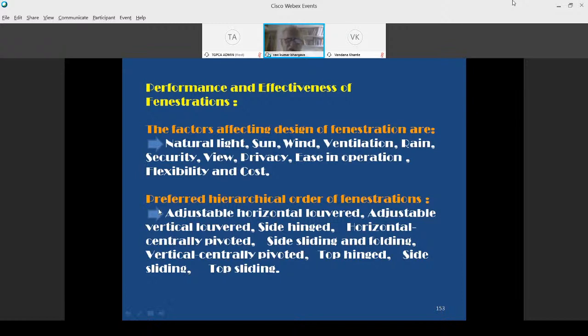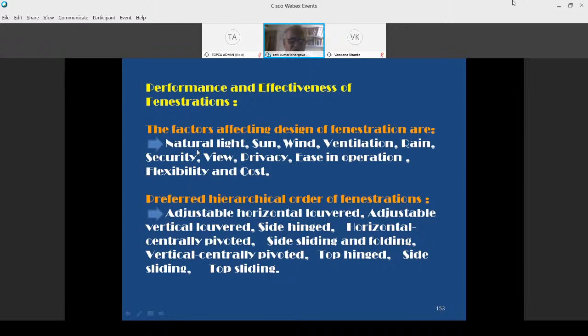Then, friends, the preferred hierarchical order of fenestration. This is what I suggest, after my analysis, based on these functions. Let us make a matrix. List one below another all these functional elements related to window.